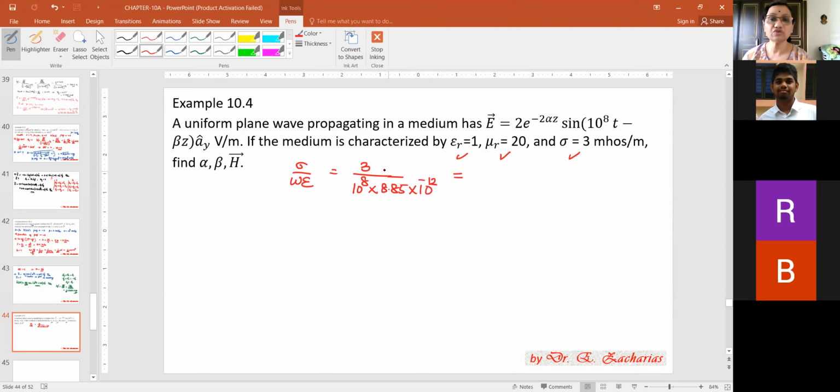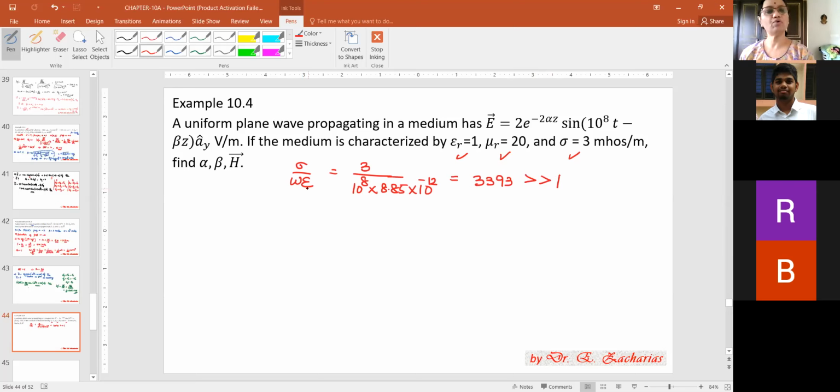When this goes to the top, you see this is going to be a very, very big number. You don't even have to calculate. I have calculated it for you, but even without touching the calculator, you will be able to see that this number is significantly large and much, much greater than 1.